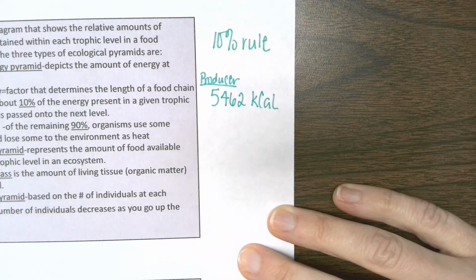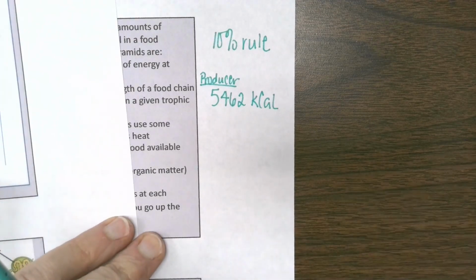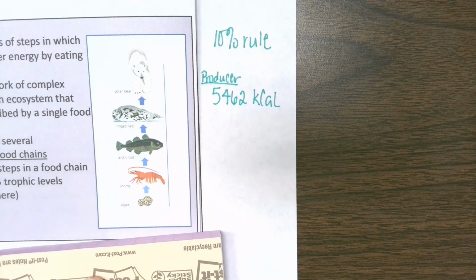If at the level of the algae, there were 5,462 kilocalories, let me see if I can squeeze that in here too. Nope, I can't. Hang on just a second. I'm going to see if I can rig this up. All right, now we can see that particular food chain. So let's say again at the level of the algae, we've got 5,462 kilocalories of energy.